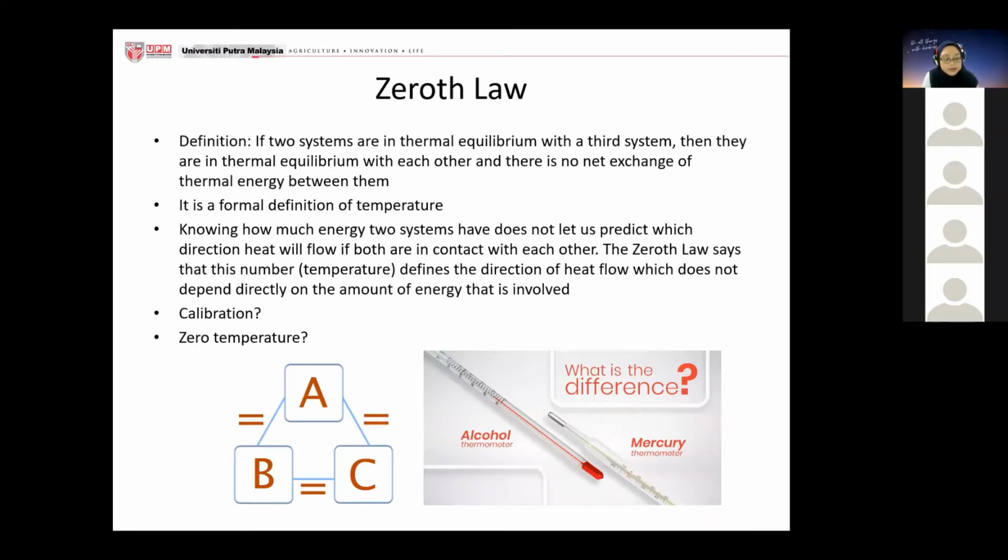If you have a pen, you can measure the length of this using a ruler. If you measure from here to here, then here is 0, and this is the value of the length. But with a thermometer, with temperature, it's really different.